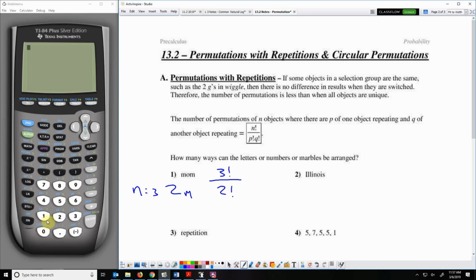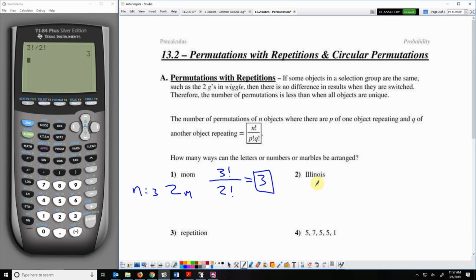And we can solve that on the calculator. 3 factorial, math probability option 4, divided by 2 factorial, is 3. There are 3 ways to rearrange these letters.